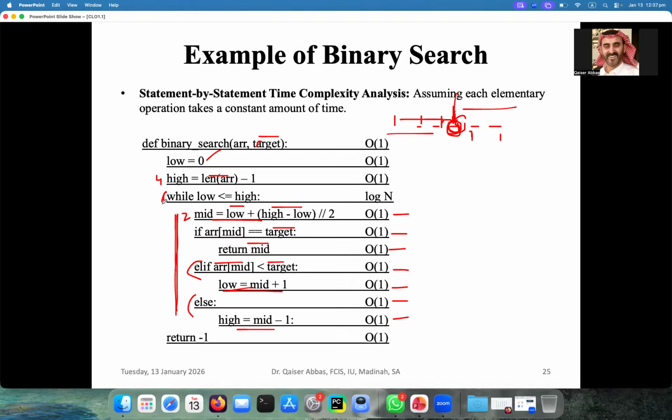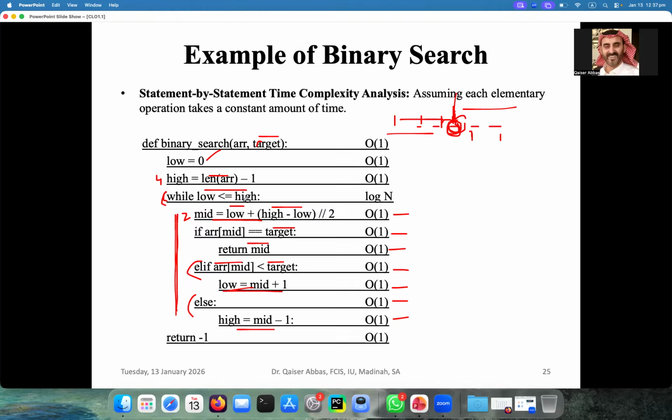But this loop, which contains this comparative statement, this is order of 1, but how much time is this executing? If low is 0 and high is 5, which is n, this algorithm is dividing your problem into half on each step.